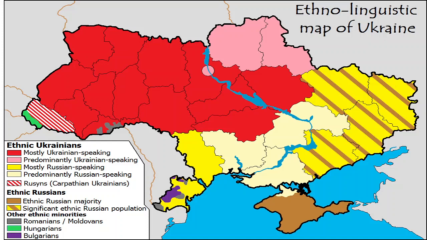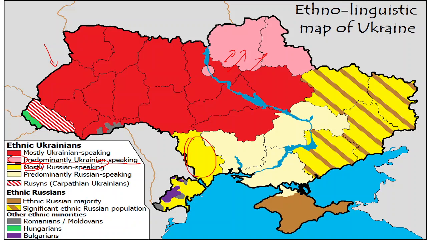Here you can see the ethno-linguistic map of Ukraine. This red color is the Ukrainian speaking people. The pink color is mostly Ukrainian dominated, also dominated by the Ukrainian language. The yellow color is mostly Russian speaking.